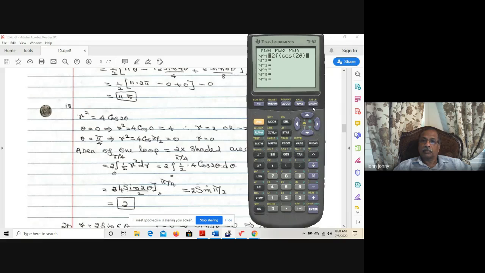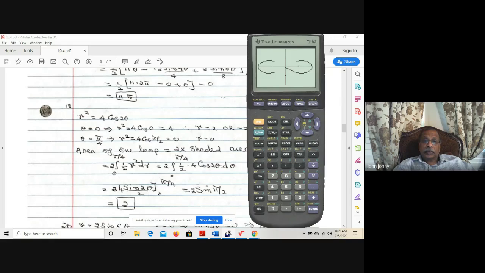Let us see how the graph looks like. Oh yeah, it is completely there. So that is 0 to 2 pi. So let us change the window from negative 2 to 2. Yes, so that is the graph.